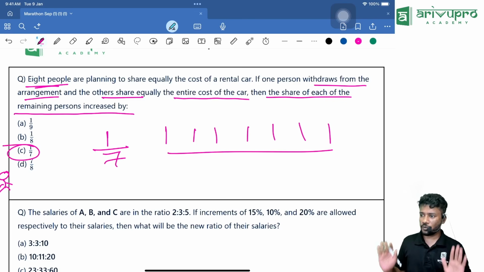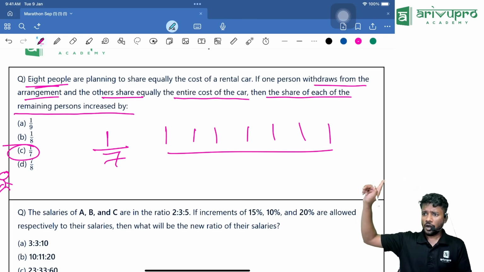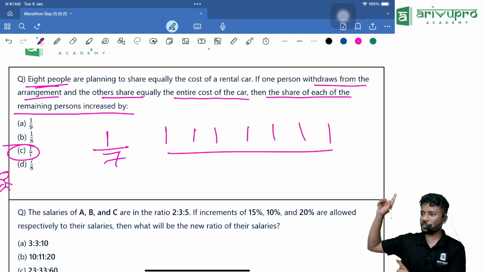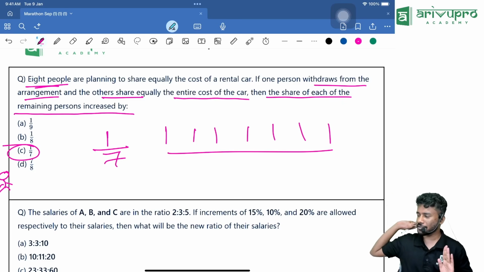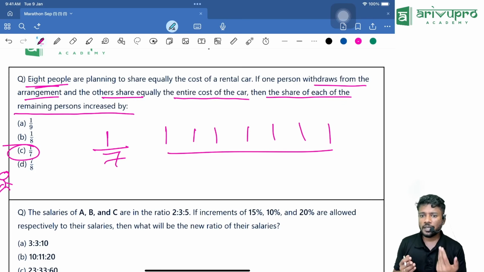What if the question is like this? 10 people are coming to an agreement of owning something and sharing it equally. Then, one person left. That means how many are remaining? 9 people. So 1 by 9 is the answer. If 100 people are coming to an agreement, 3 people left. 3 by 97.